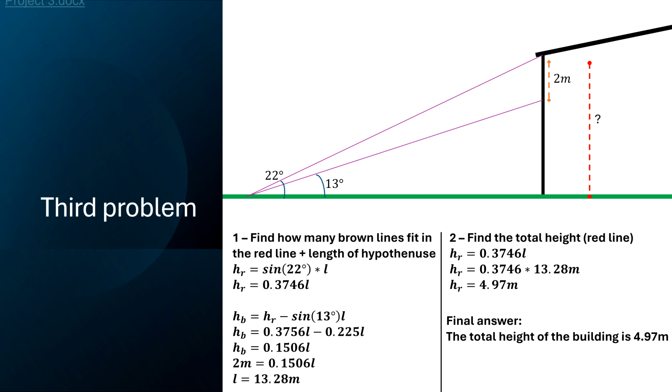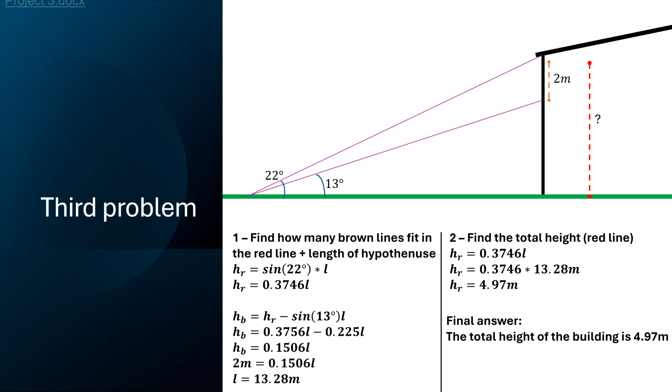So first, we find the variable hr, the red line's height, to be 0.3746 times the length of the hypotenuse, which we haven't found yet. Then, we find the height of the brown line in terms of the length of the hypotenuse, by subtracting the rest of the red line from the total of the red line, showing us the height of the brown line to be 0.1506 times the length of the hypotenuse.